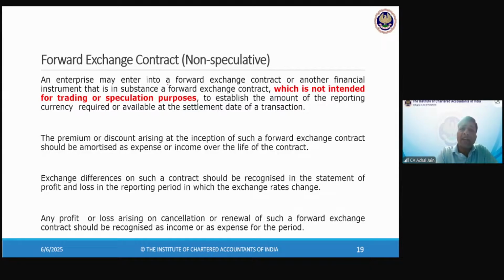So a company may enter into a forward exchange contract which is not intended for trading or speculation purposes, in which case, any premium or discount at the inception of such contract should be amortized as expense or income over the life of the contract. Please remember that forward exchange contracts intended for trading purposes or not intended for trading purposes, their accounting requirement is different.